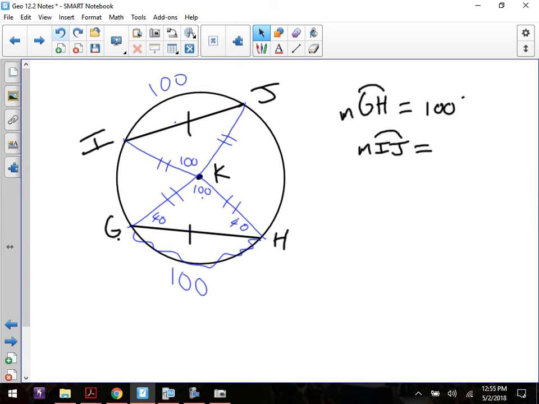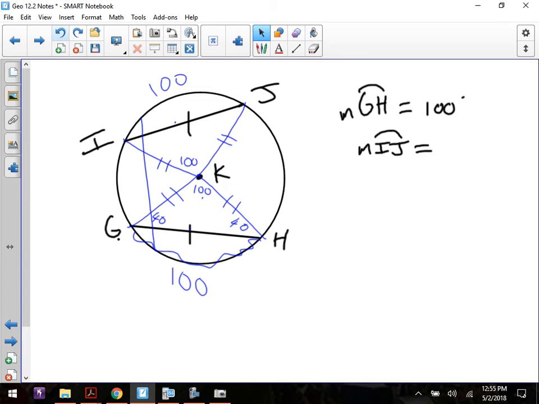If I took this chord and I moved it around in the circle, it's still gonna run into how many degrees of that circle? It's still gonna run into 100 degrees of that circle, no matter where I place it. Now, since that's always gonna run into 100 degrees of that circle, if I draw in the radius there, wouldn't I just create another congruent set of triangles?